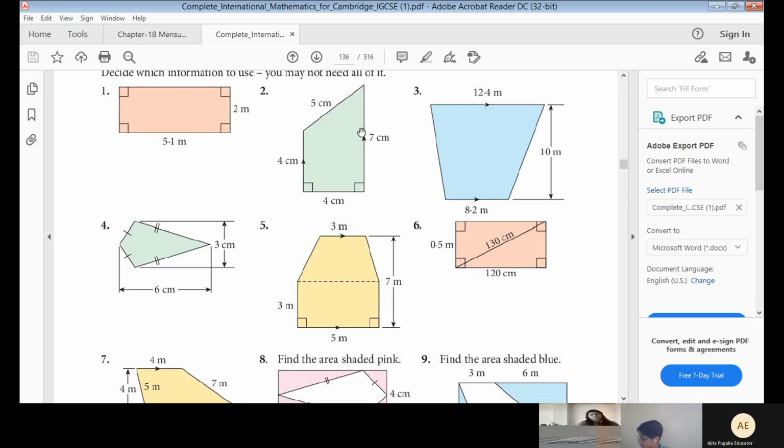Yes, diagonals into half. So it's 18 times half, 9 centimeters.